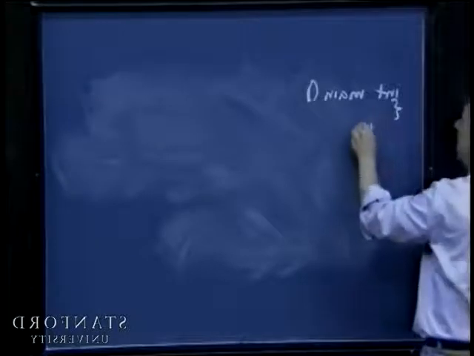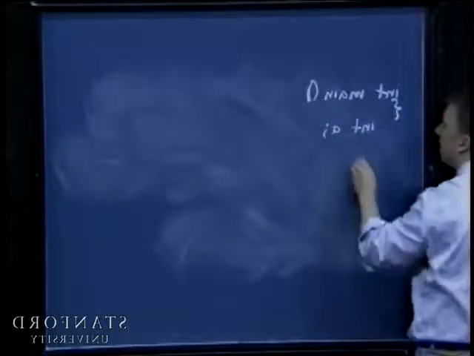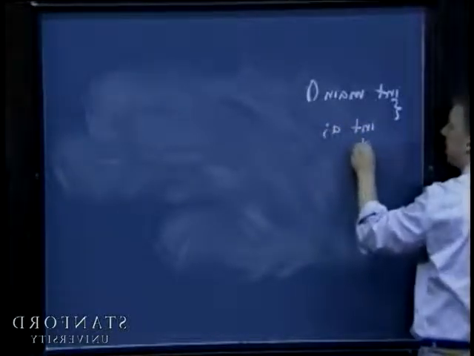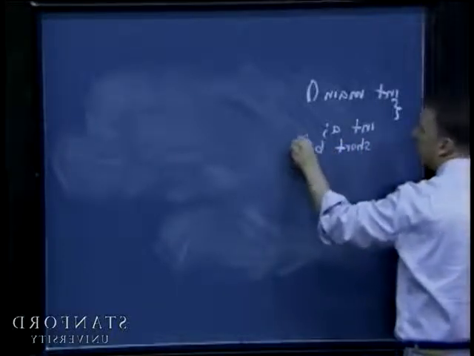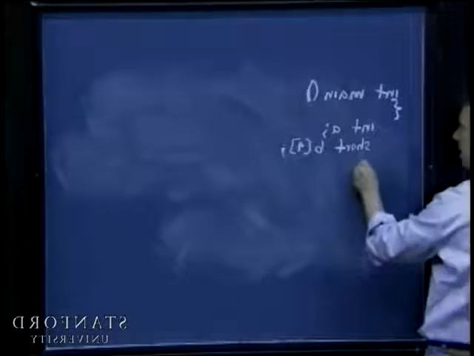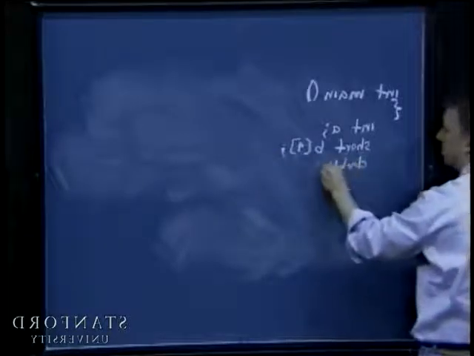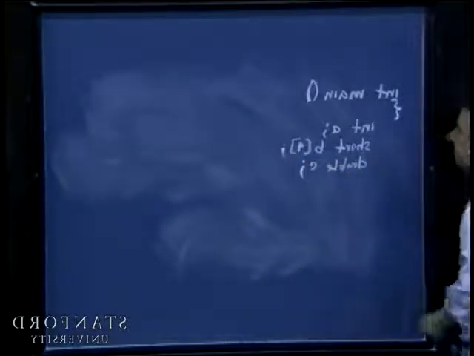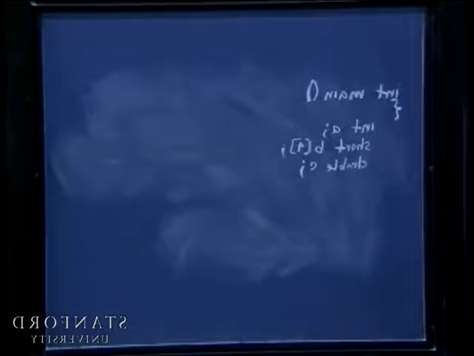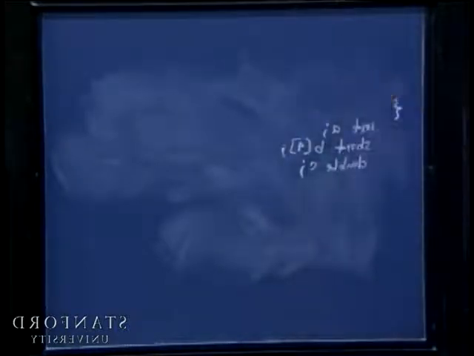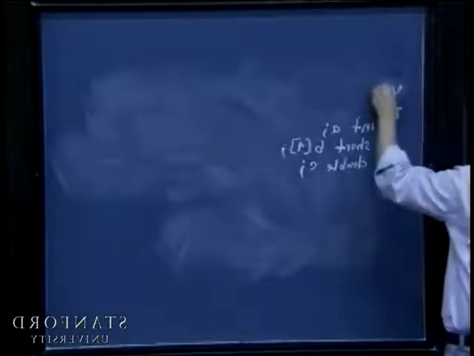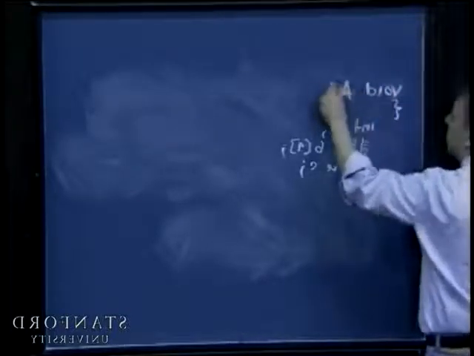Let's say that it declares an int called a, a short array called b of length 4, and a double called C. Actually, I don't want to call this main. Let's keep it nice and simple. Let's just call it the A function.